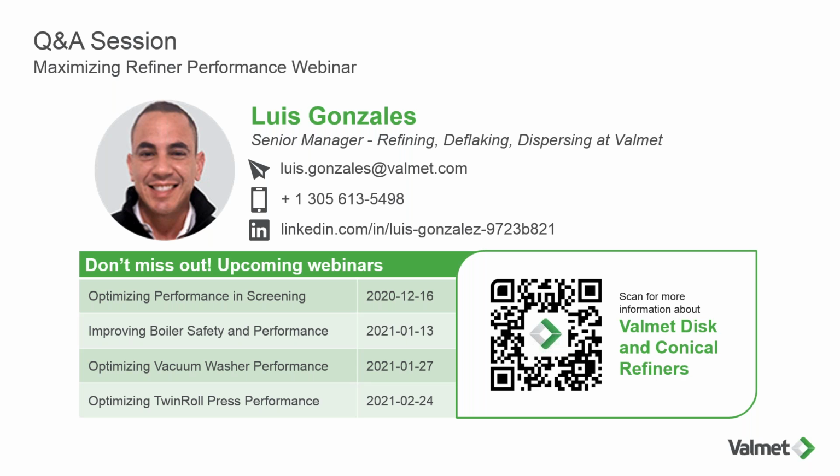So we still have the biggest exchange program in the world. What we try to do is keep, for each particular size and model of refiner, a complete unit readily available for exchanges. So as I mentioned earlier, if you crash a refiner, or it's time to overhaul it and rebuild your refiner completely, we generally try to keep one on the shelf so that we can send that out.